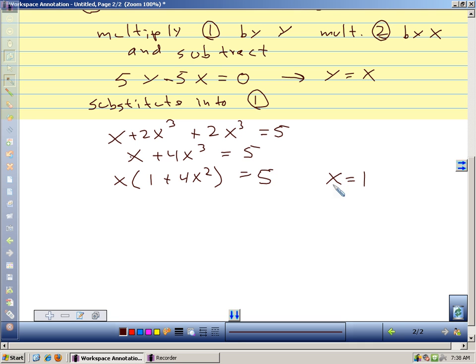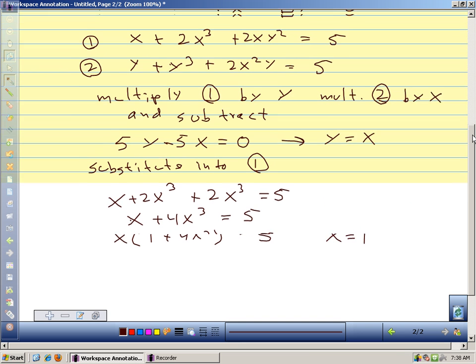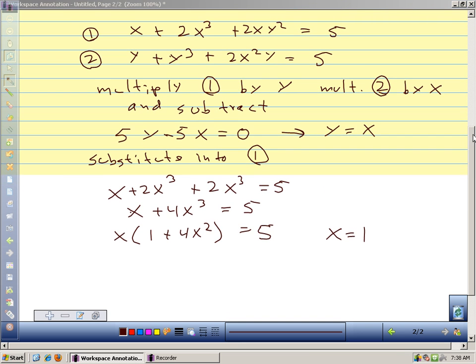So if x equals 1, I'm going to substitute x equals 1 into my equation 1 and solve for y.